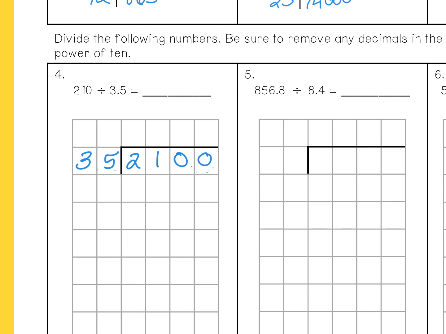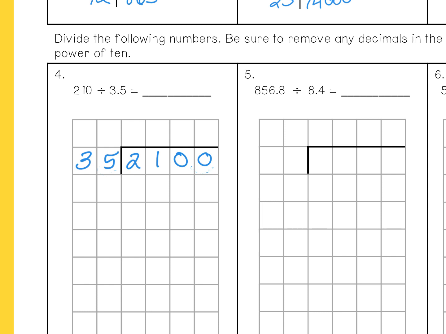So I'm going to figure out how many times 35 can go into 2,100. If I take 35 and ask myself, can 35 go into 2? It obviously cannot, because 2 is smaller than 35.